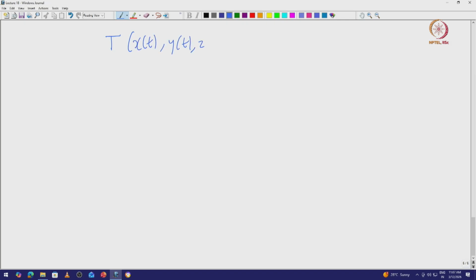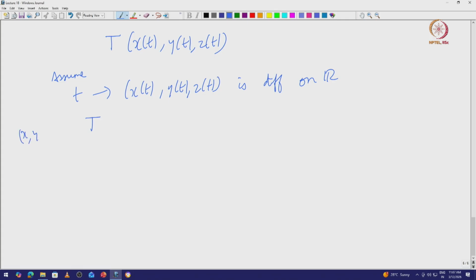So for the sake of argument, suppose t is differentiable on R, and xyz goes to t is well defined and differentiable on all of R3 for simplicity.